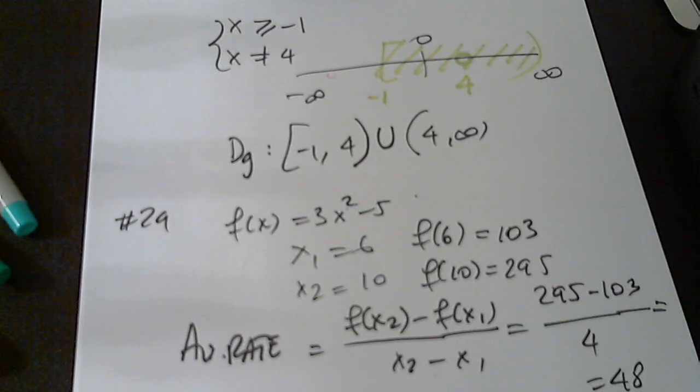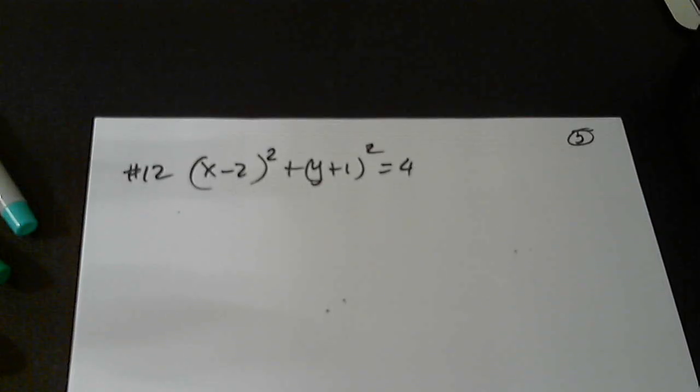Okay. Is this the equation of a circle? So that's page 5. Number 12. x minus 2 everything squared plus y plus 1 squared equals 4. Is this the equation of a circle?